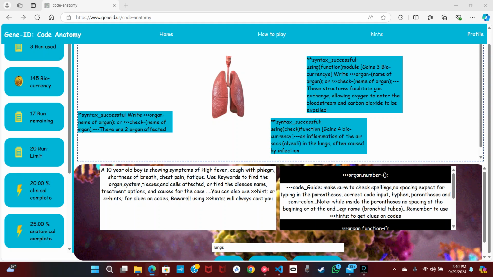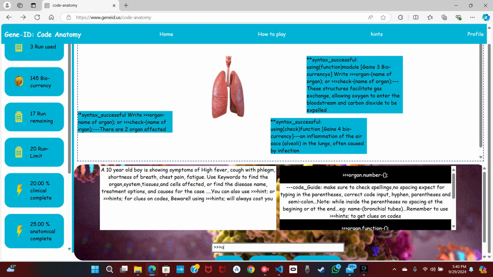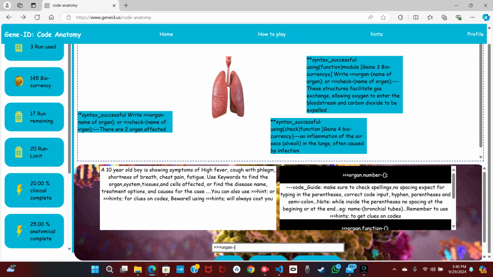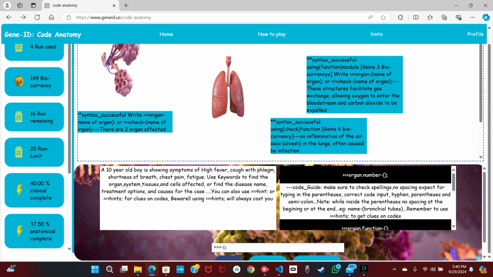But I'd rather stick with the format that was given to me, which is the three signs, organ, hyphen, alveoli, and the semicolon, and let's try this.